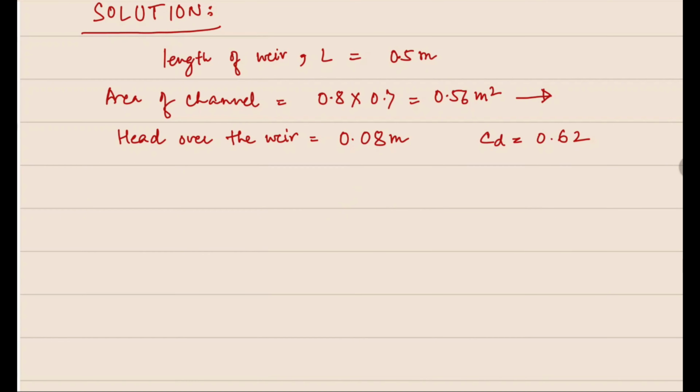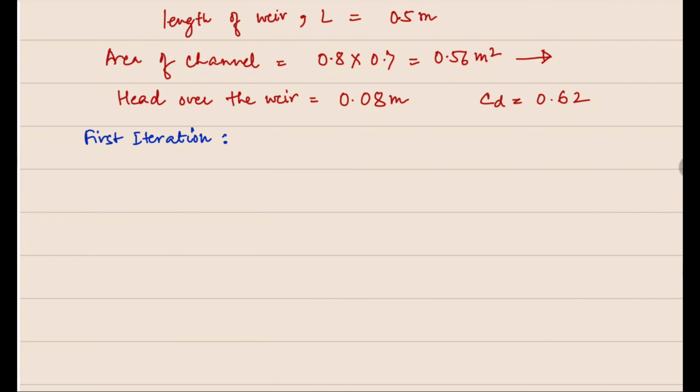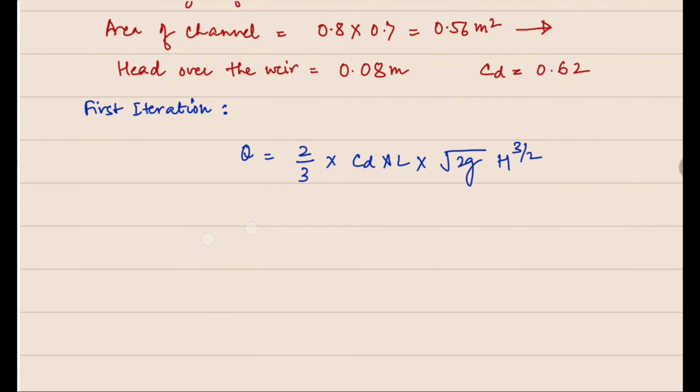So let's start the first iteration. In the first iteration, we will use our usual formula of the discharge, that is Q is equal to 2 by 3 multiplied by CD into L into under root 2g h raised to the power 3 by 2. Why are we using this? Because the velocity of approach is not known to us and right now we cannot figure it out.